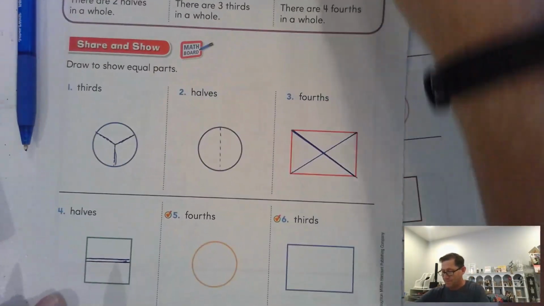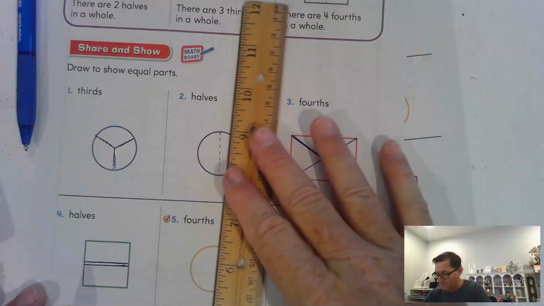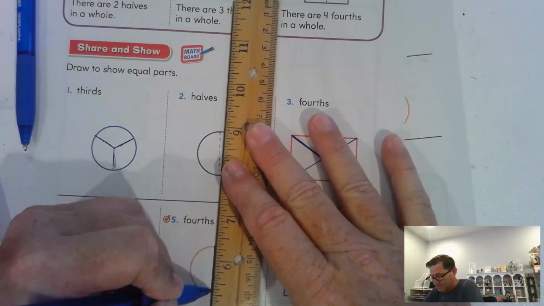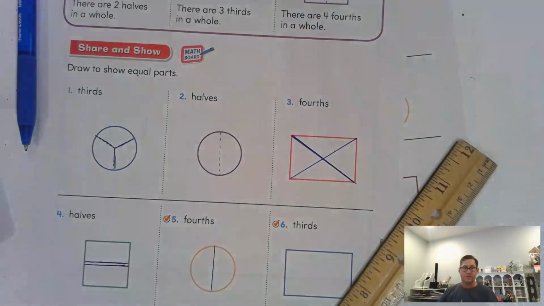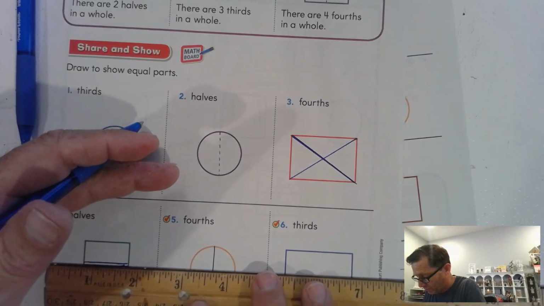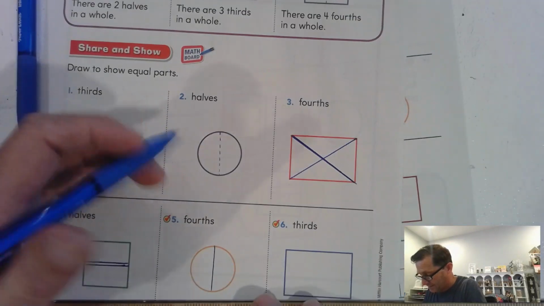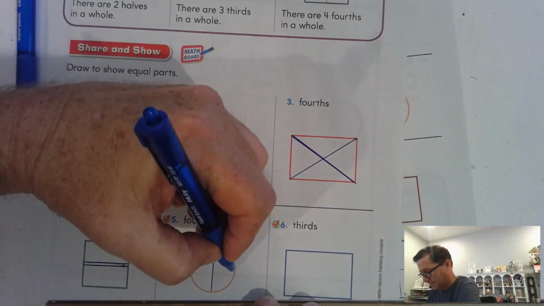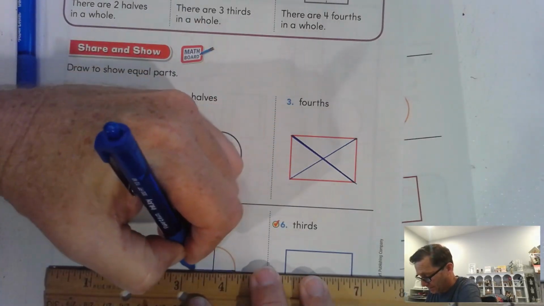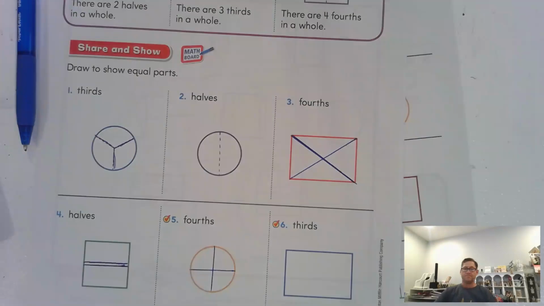Okay. Fourths. So that means we're going to take our circle and split it into four equal parts. So if we take a half and cut it in half, we now have four equal parts. And thirds, so we need to have three equal parts.